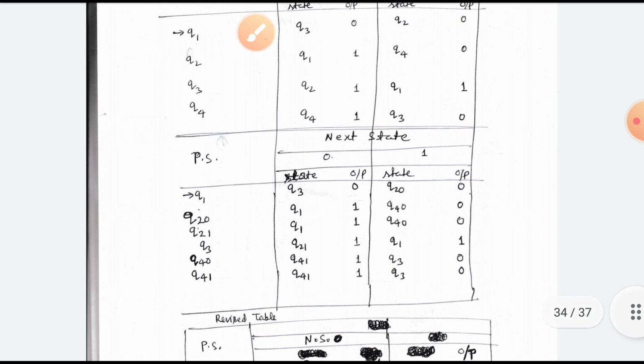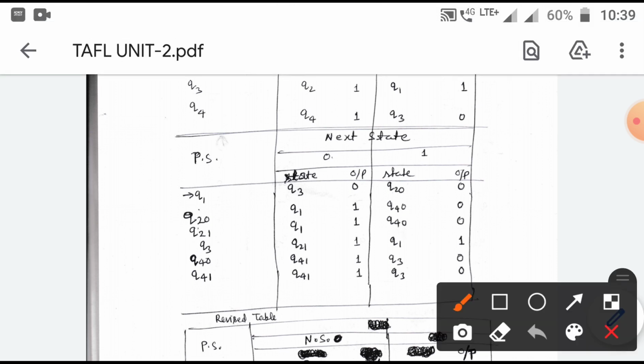After splitting we will get some more rows. Since Q3 is not split, there is no change, but here the splitting is reflected: Q1, Q20, Q21. Since Q2 has been split into 2 parts, this will be reflected in 2 different rows, and Q3 is here, Q4 is split, so Q40 and Q41 rows.